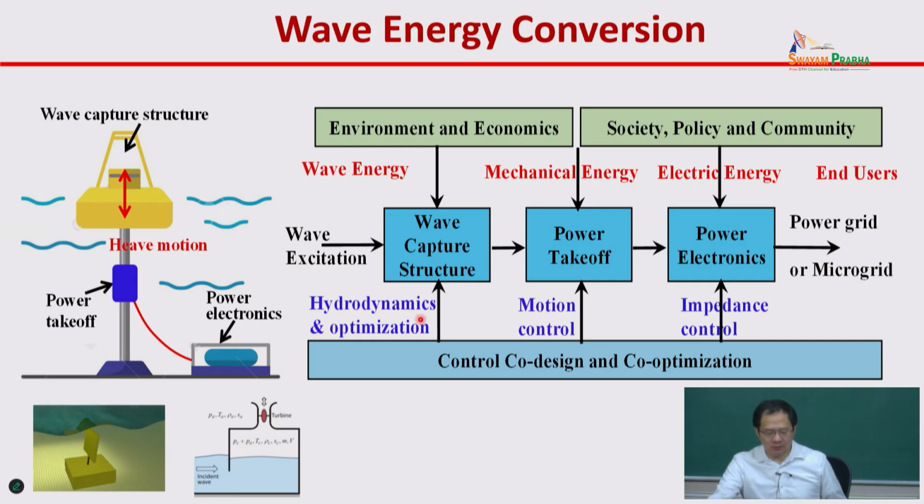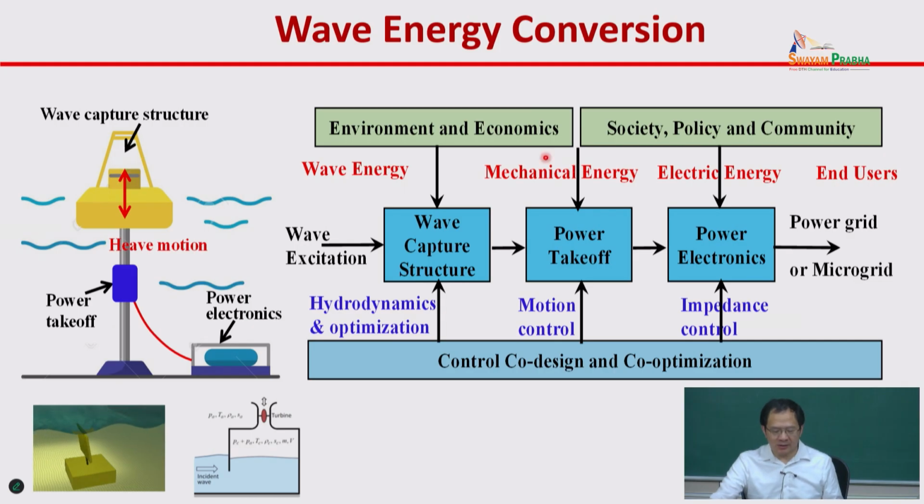Not only this control, hydrodynamics is also important. The capture width ratio, how much energy gets converted to mechanical energy, is an important concept. Here you have motion control and impedance control. So when we talk about control, it includes hydrodynamics control, motion control, and impedance control in power electronics.